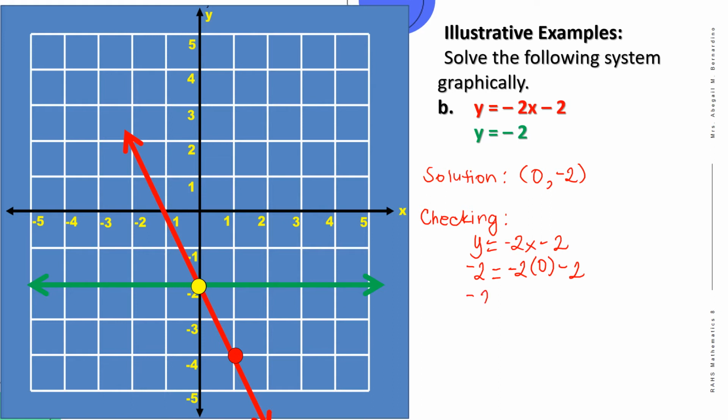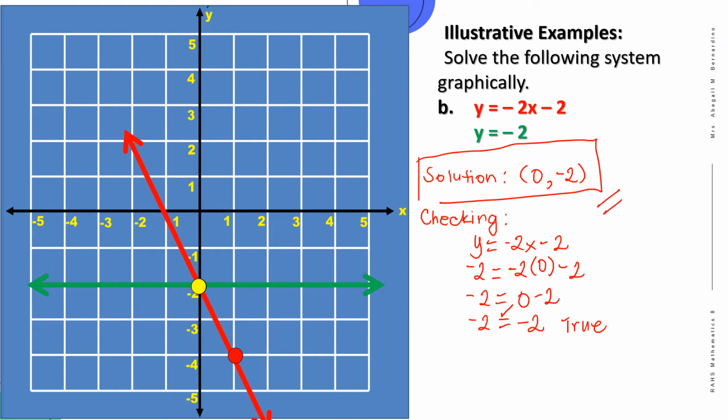So we have negative 2 equals negative 2 times 0, the answer is 0, minus 2. Then we have negative 2 equals 0 minus 2. The answer is negative 2. And we have a true statement. So we got the correct answer, which is 0, negative 2.